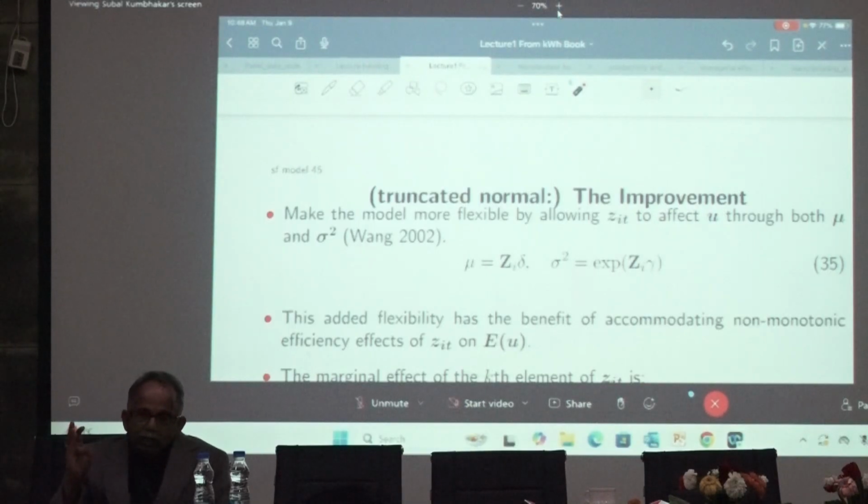The popular distributions are half normal, truncated normal, and exponential. The reason is that you can get a closed form expression of the likelihood function. So when you do maximum likelihood, it is a function without integration. But if you use other distributions, you won't be able to get a closed form, that is, you have an integration sign sitting in the function.